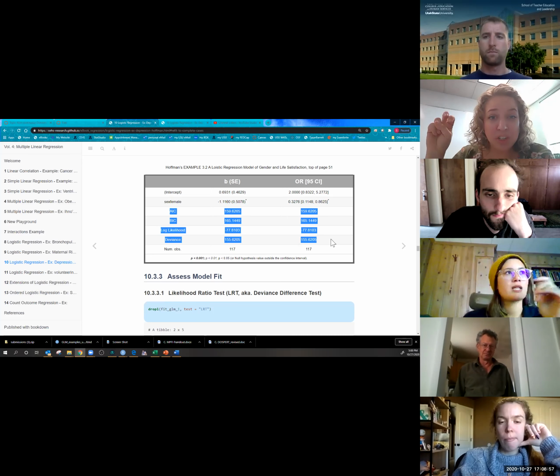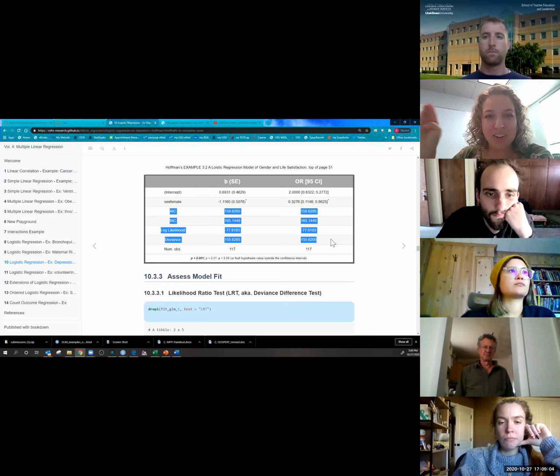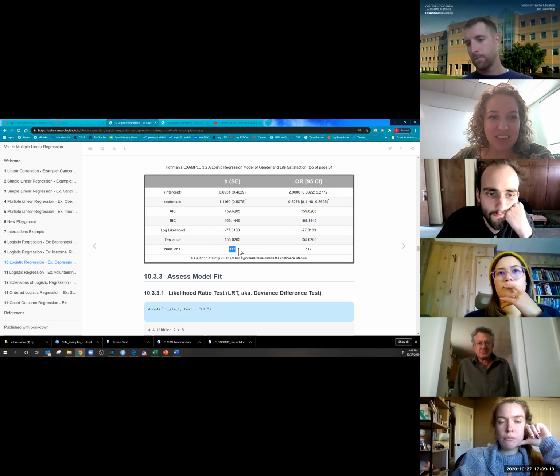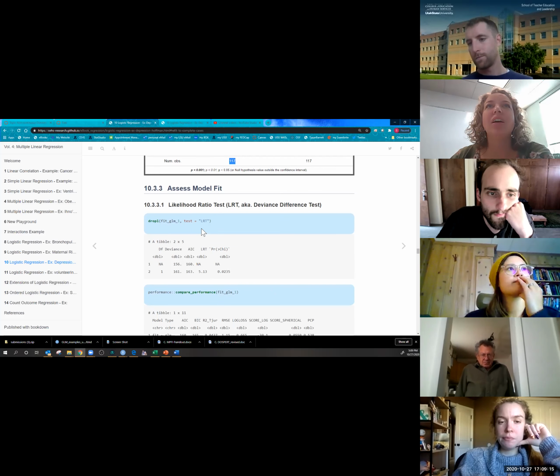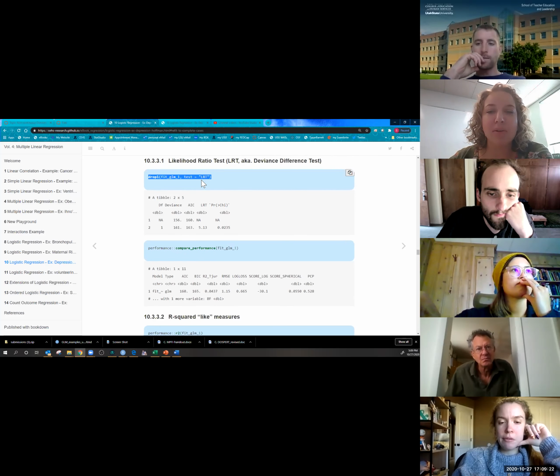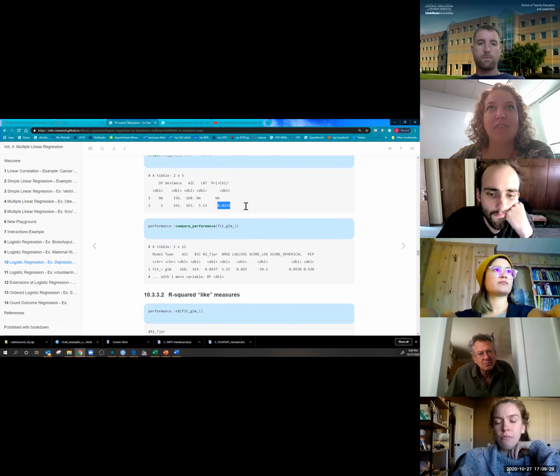Those numbers, those goodness of fit measures, AIC, BIC, log likelihood, deviance, are only good for comparing nested models to each other. For a single model, they're of no good. But I want to point out our sample size here is 117. Okay, so we can do this drop one command that looks at it, and if we drop our one variable, it does a likelihood ratio test for our model compared to the model that drops one of the variables, which is significant.